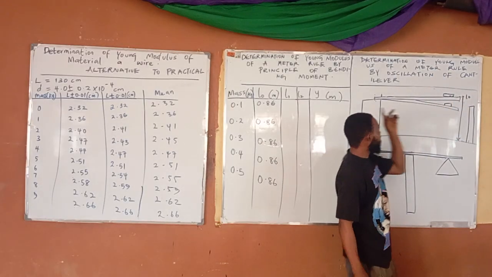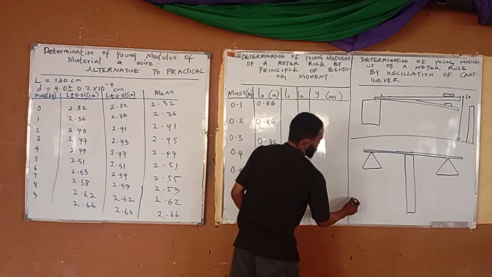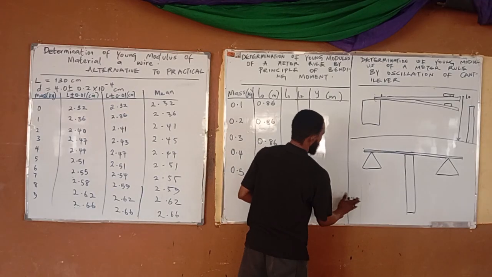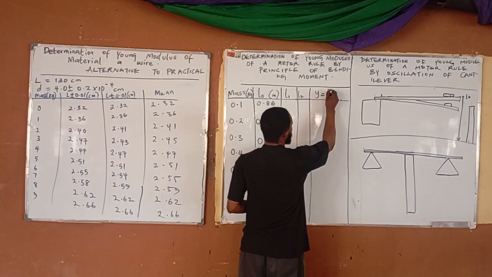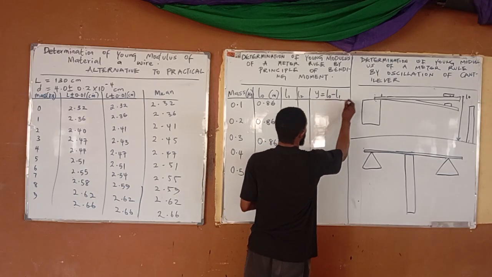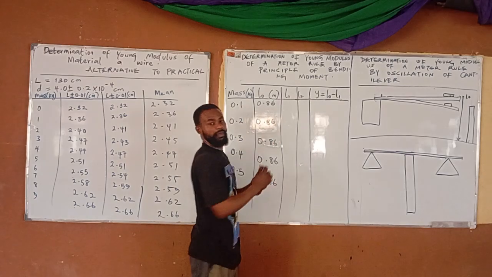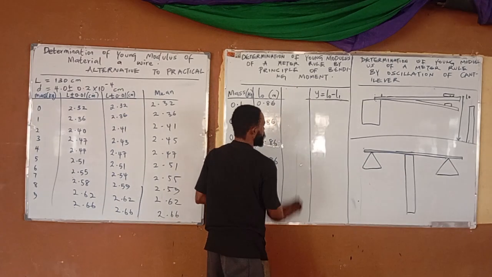That is what y is talking about. So y, in meters, is simply L0 minus L1. These two things will give me an average, right? So that's why when I started, I just put only L0.